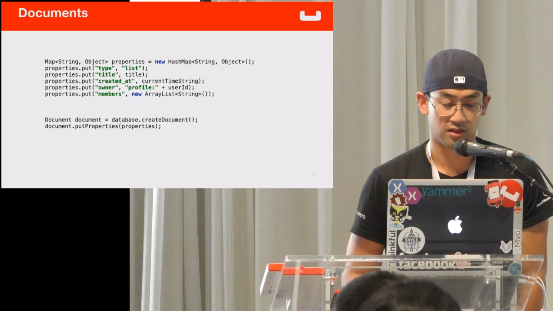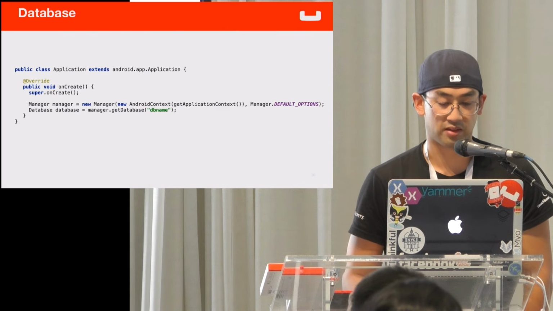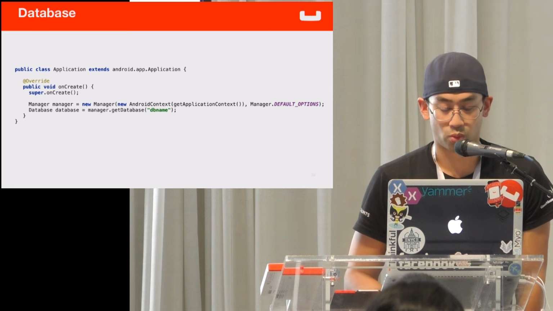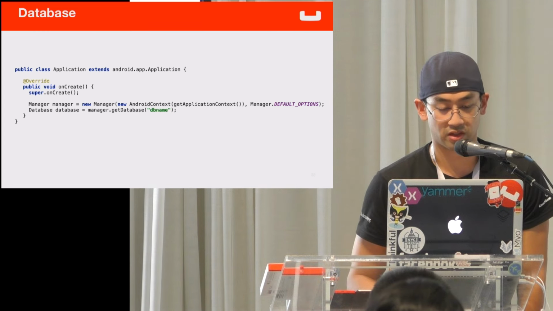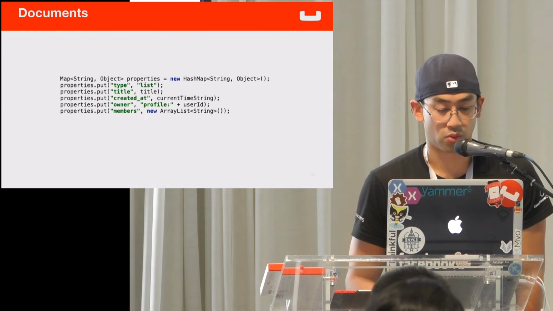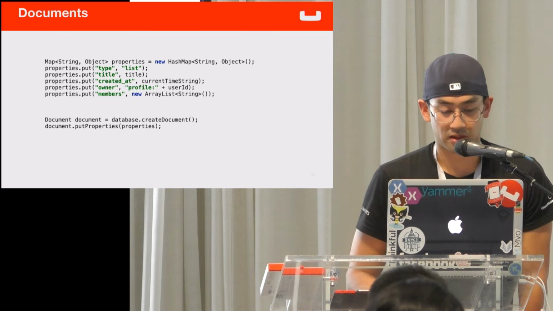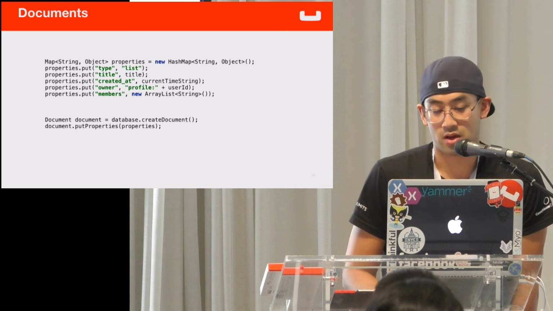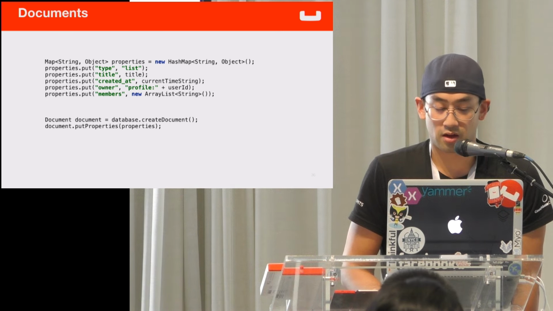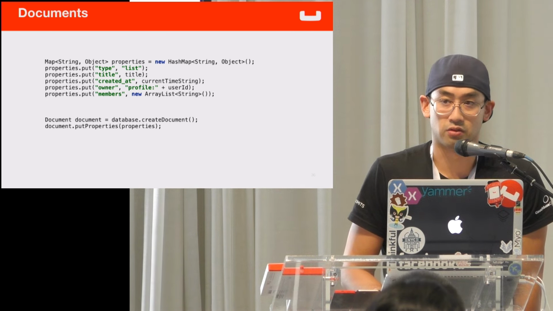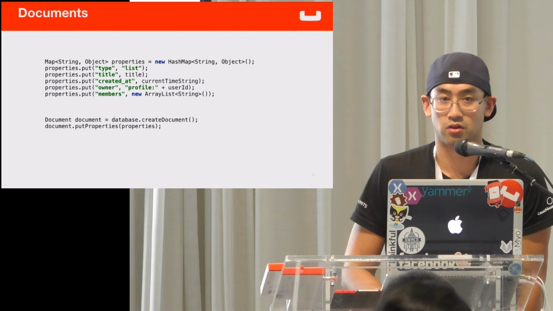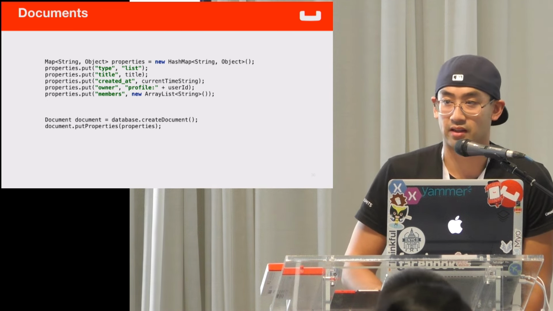Remember, database is here, and that database references the manager, the one right after the equal sign there. On the last line, when you do put properties, you just have local persistence right there. It might look like a lot of code, but it's essentially 5 or 6 lines of code that get data onto your device. This is not doing anything like syncing.